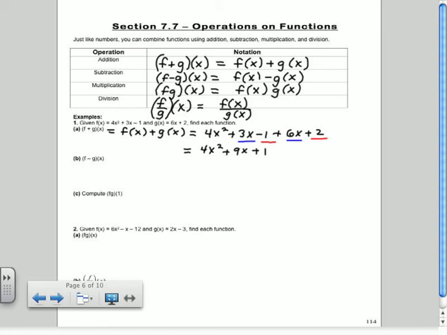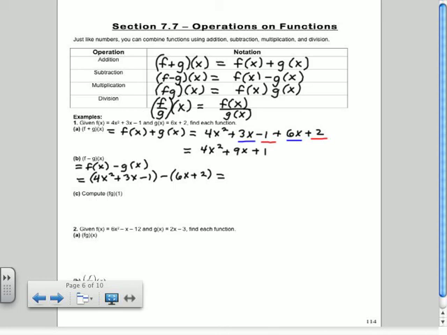Okay, you guys try f minus g of x, so go ahead and try that one. The biggest mistake I see on these ones is they forget to subtract out the second function.